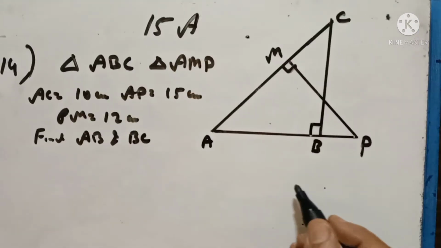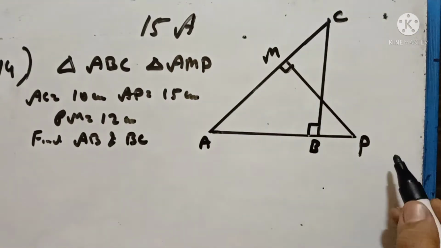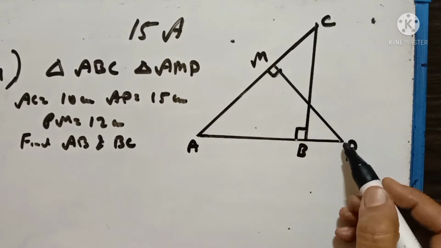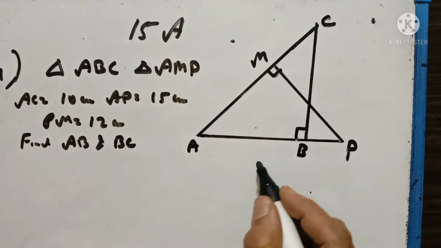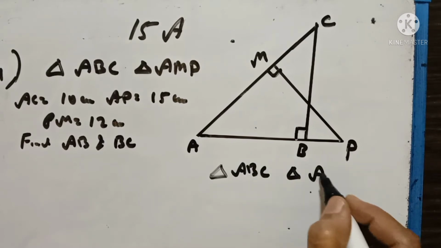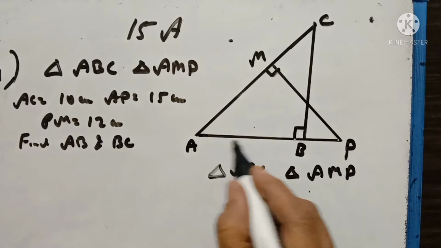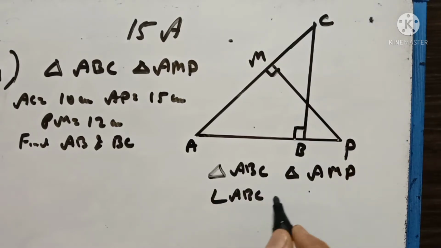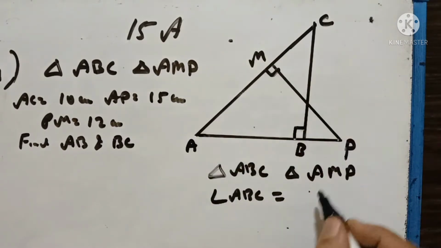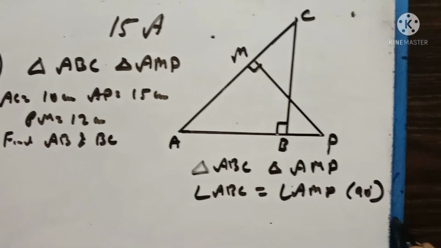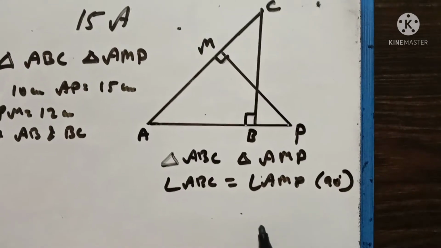So in triangle ABC and triangle AMP, angle ABC is equal to angle AMP, given right angle.